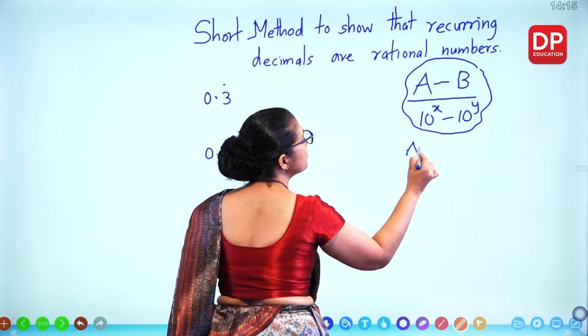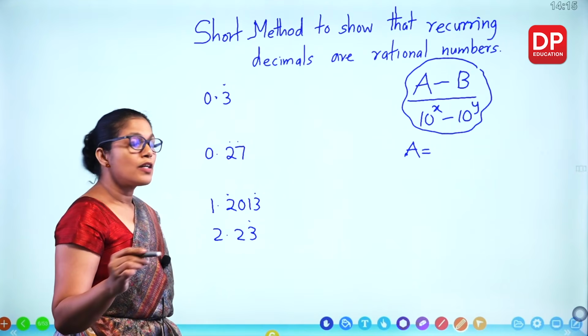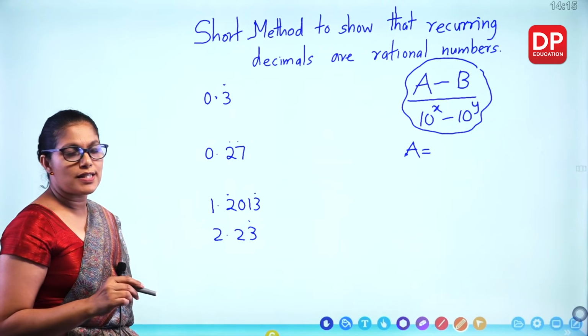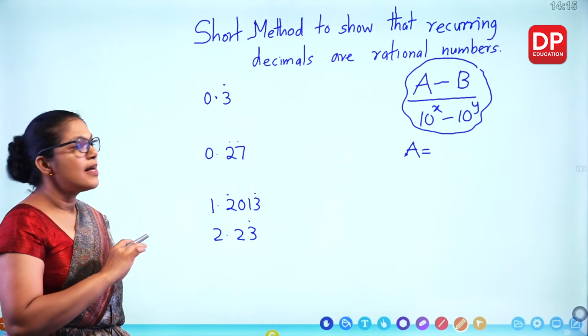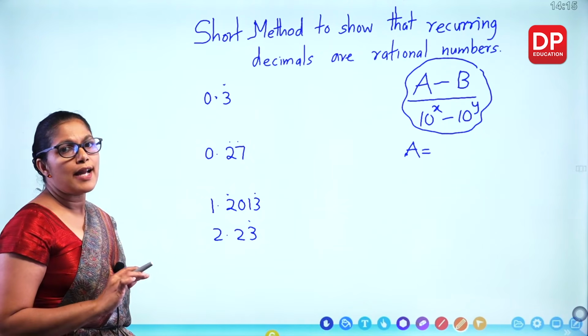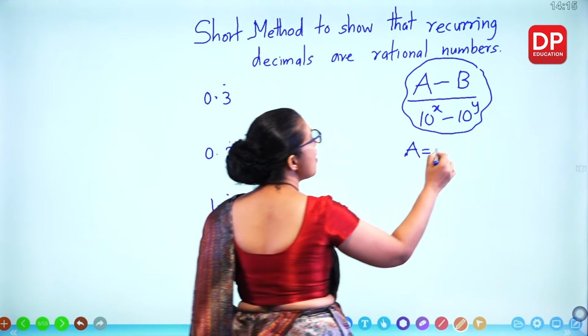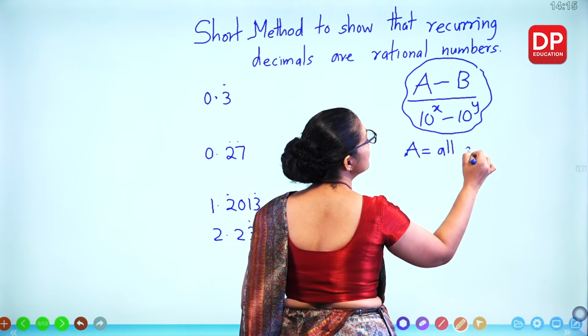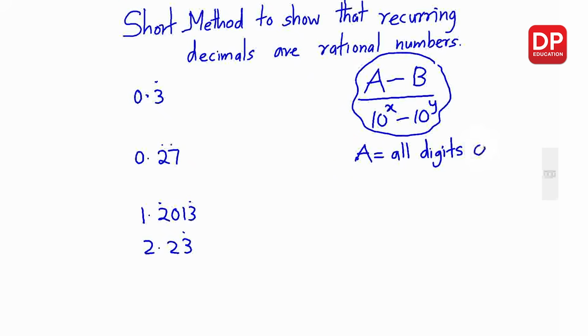What's a? A is the total number of digits. Without any decimals, we write the whole thing at once. So that's called A. So I can write all digits considered.